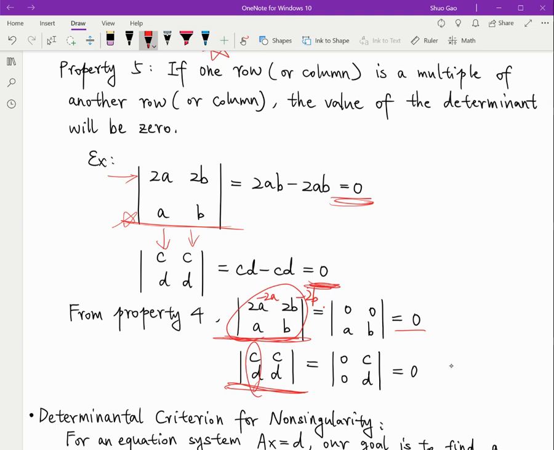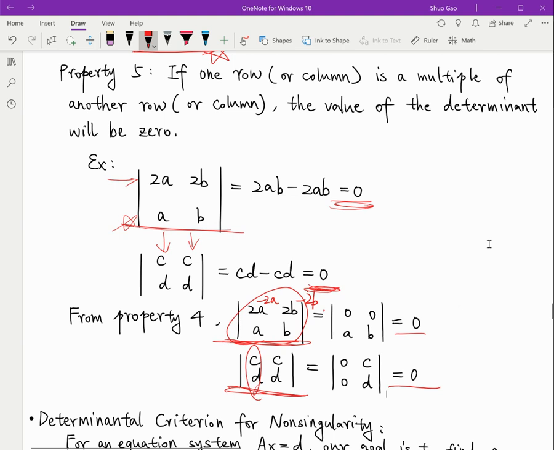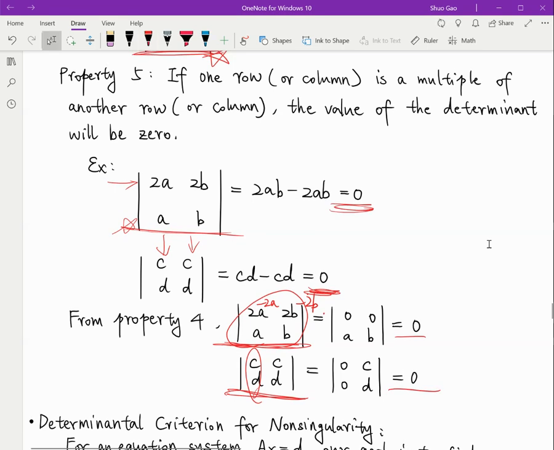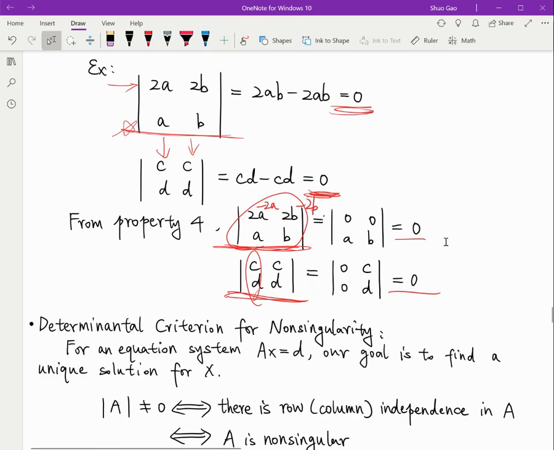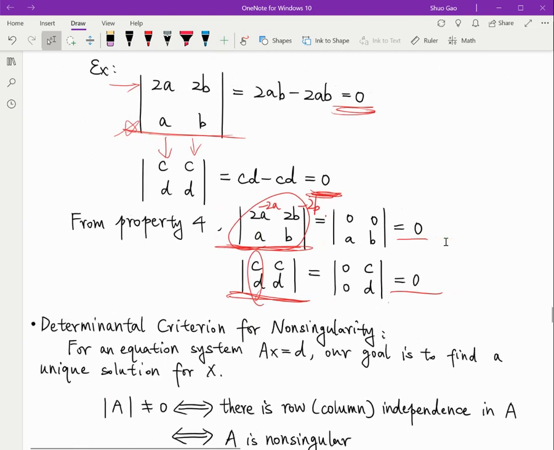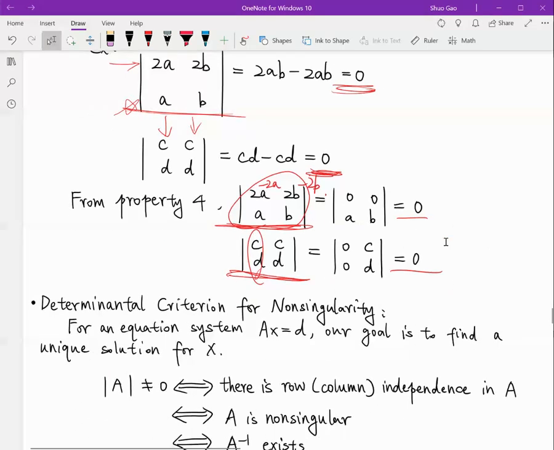The second column doesn't change. So in either way, we can find out that if one row or column is a multiple of another, then the determinant is 0. Okay.